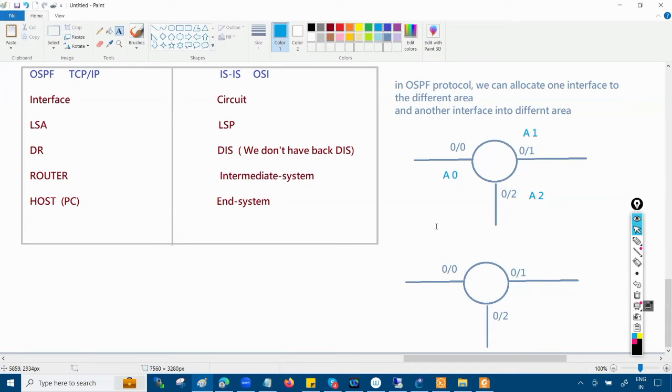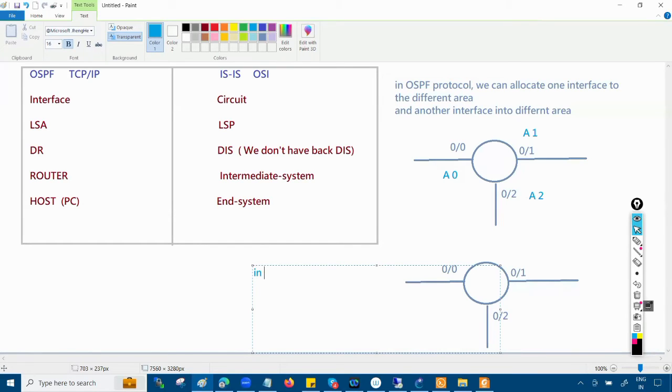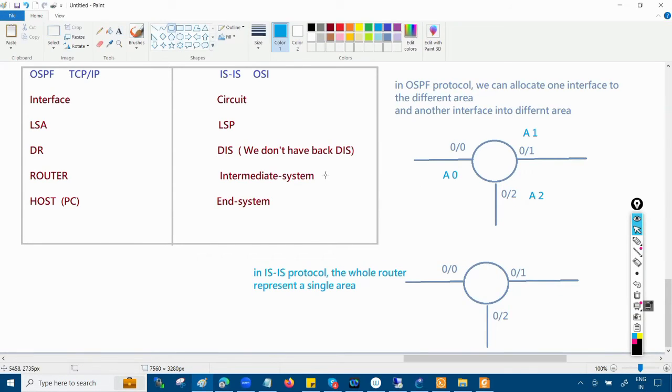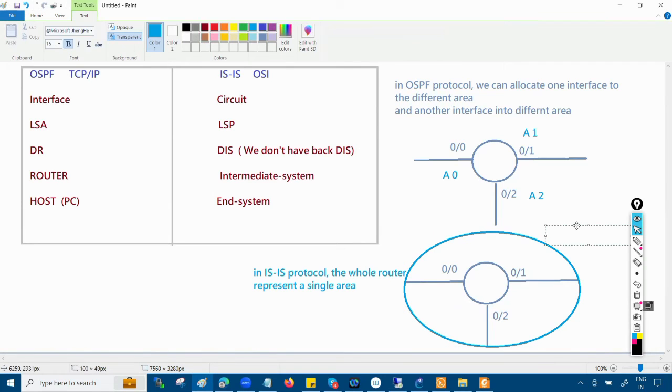In OSPF, you do have the ability to allocate one interface to one area and another interface to a different area. But in ISIS protocol, the whole router represents a single area. Whole router means the complete router, doesn't matter how many interfaces we have, is all part of area 0 or area number 1.